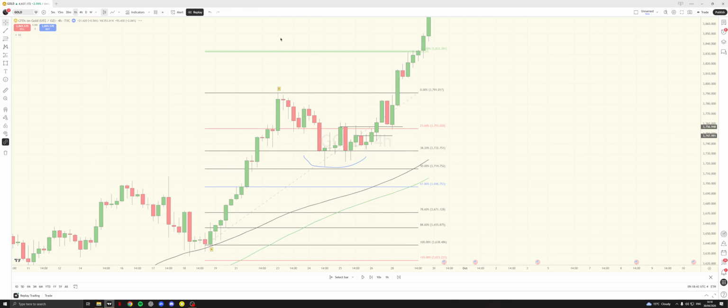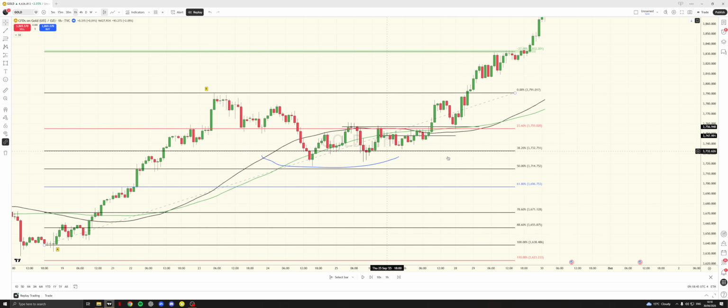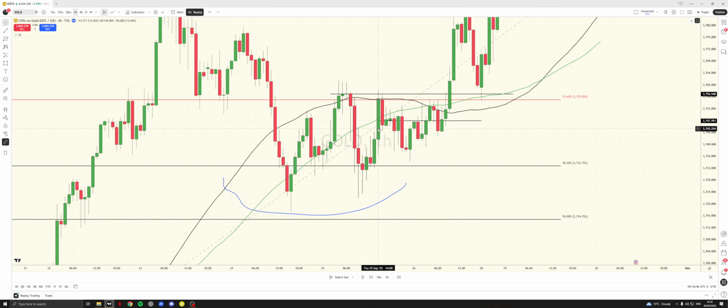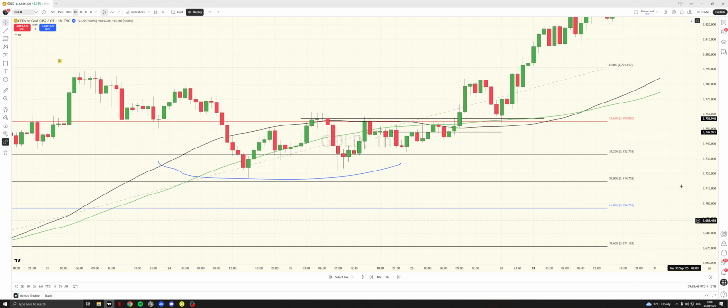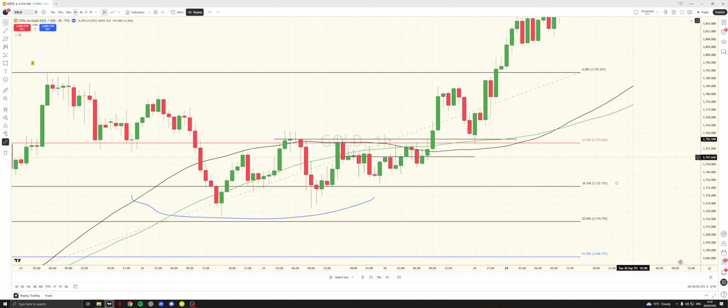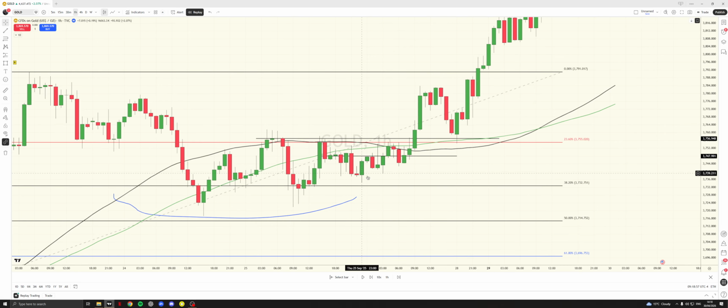So let's zoom in to the 1 hour at this 38.2% level, see if we can get some bullish confirmations here. So there's the 38.2. As you can see, price is holding. Price is holding. It's starting to make higher low points right here.